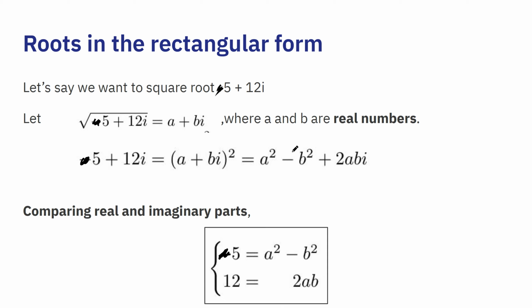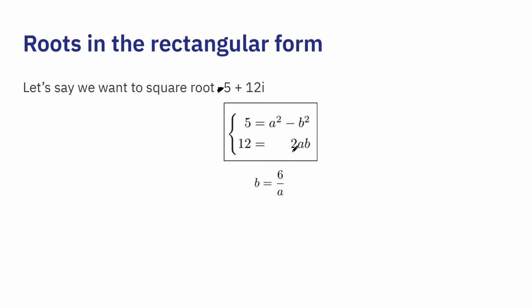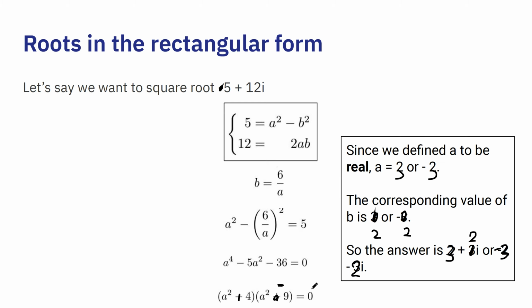Next we can compare the real and imaginary parts. So 5 equals a squared minus b squared, and 12 equals 2ab. We simply solve. From the second equation, b equals 6 over a, and solving we get (a squared plus 4)(a squared minus 9) equals 0. Since we define a to be real, a will be either 3 or minus 3 from the second bracket, because a can't be real if the first bracket is equal to 0.